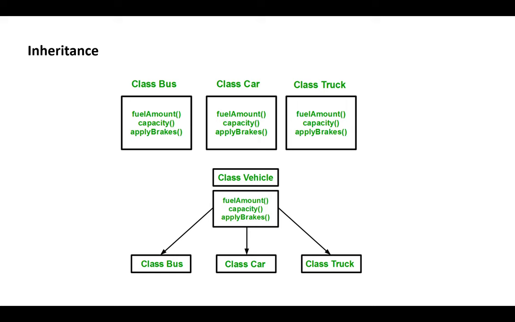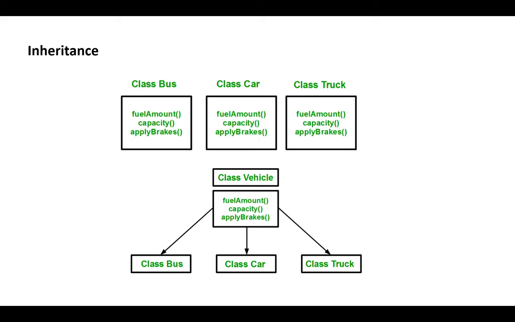So instead of writing this information separately for each of these entities like car, bus and truck, we know that all of them fall under a single entity or a single class called vehicle. So it's always good that we code this information only once.